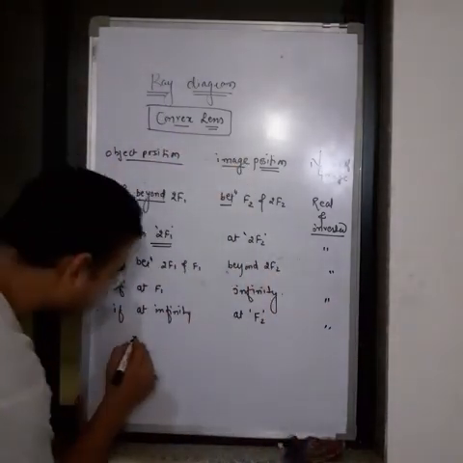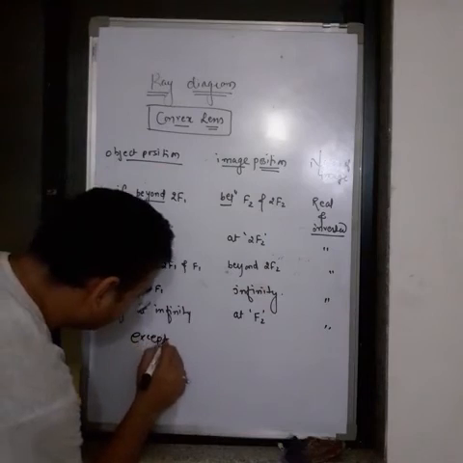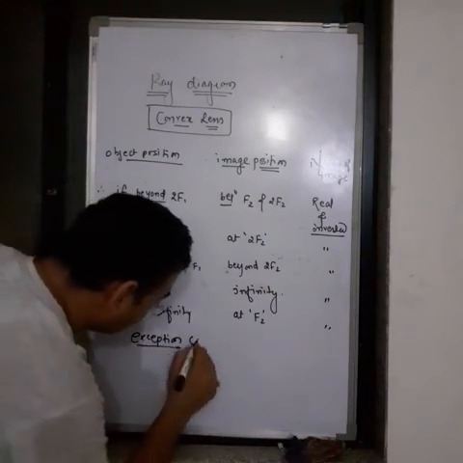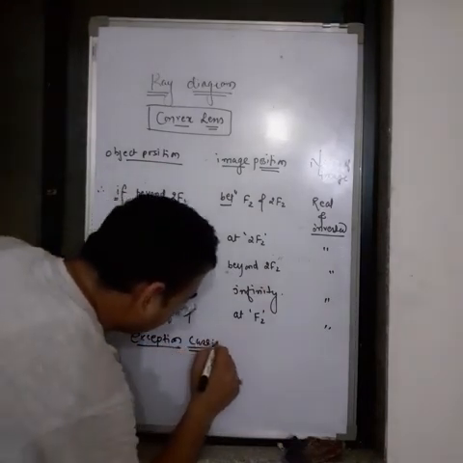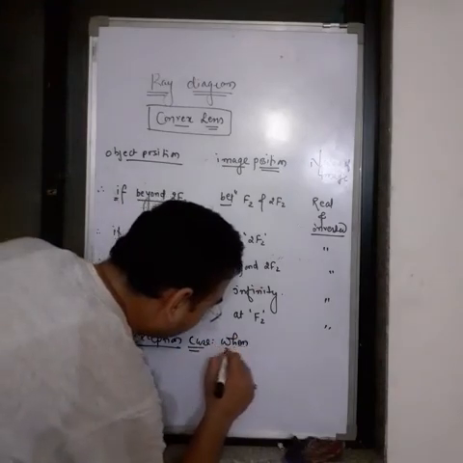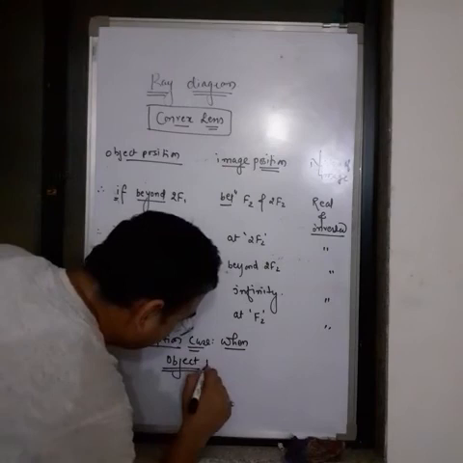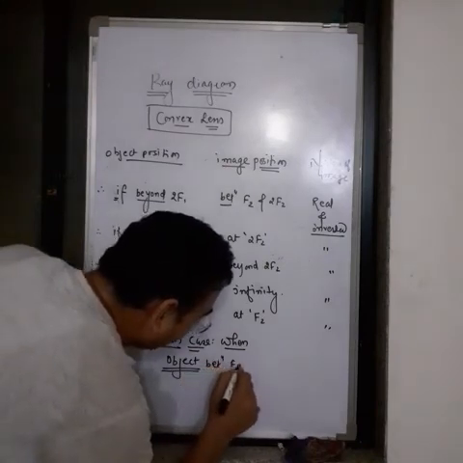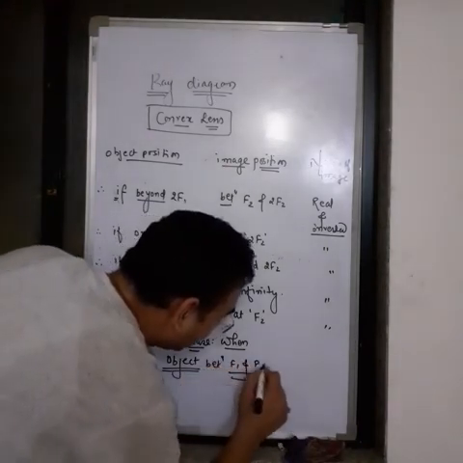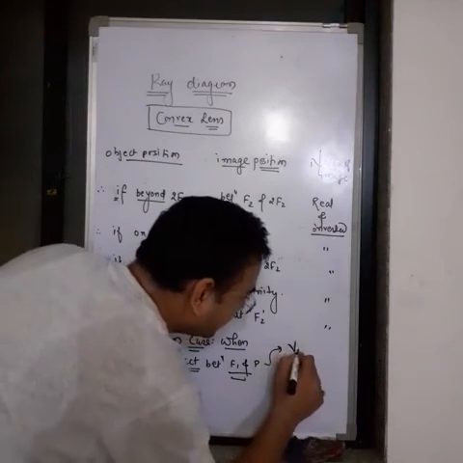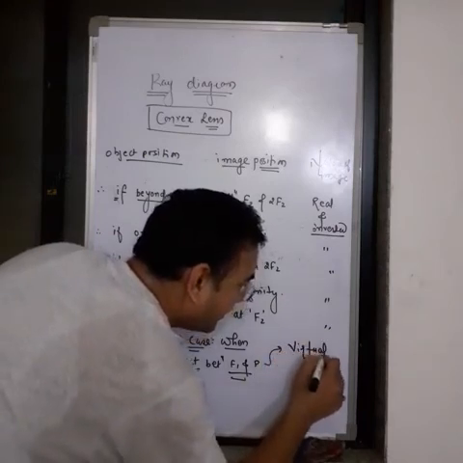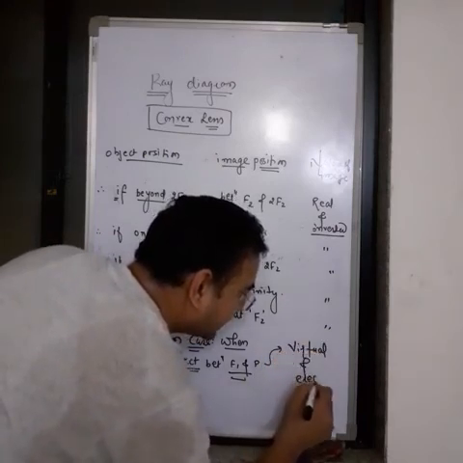And one of the exception cases: when the object is between F1 and the pole, then your image is virtual and erect.